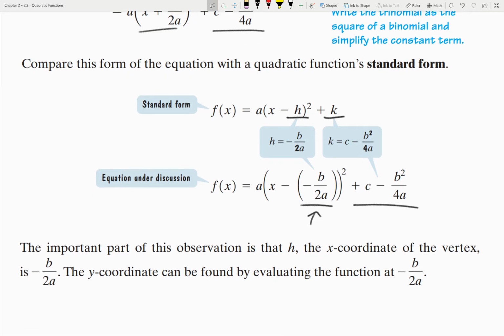Okay, so the important thing to remember is the x-coordinate of the vertex is going to be negative b over 2a. The y-coordinate of the vertex, instead of remembering this, which is a bit messy, just plug it in, right? If you plug in the x-coordinate, the y-coordinate is the output at that x-coordinate.